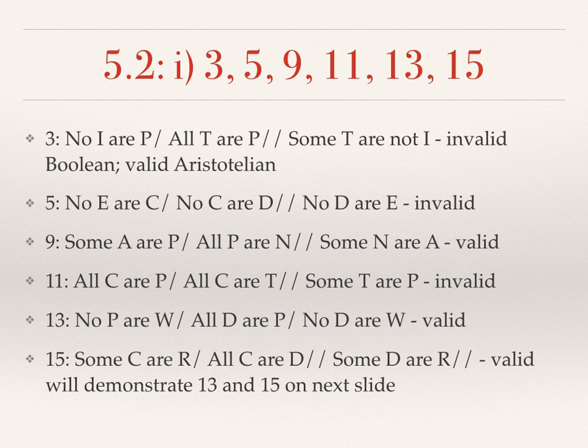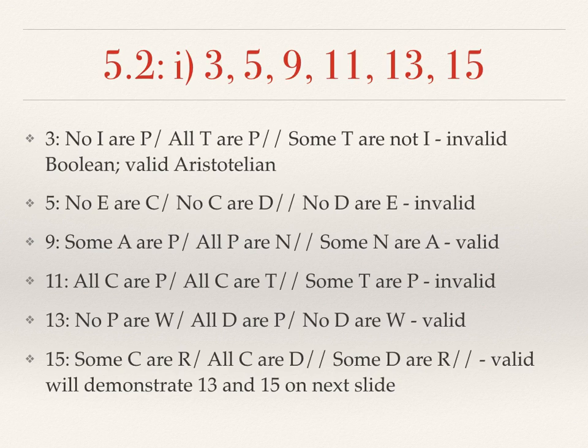And so if we write out the number 3 in categorical syllogistic form, we have no I are P, first premise, all T are P, second premise, and the conclusion some T are not I. It's invalid from the Boolean perspective, and it's valid from the Aristotelian perspective, since we would be talking about television evangelists, right? So television evangelists do exist, so therefore from the Aristotelian perspective we can say things about them.